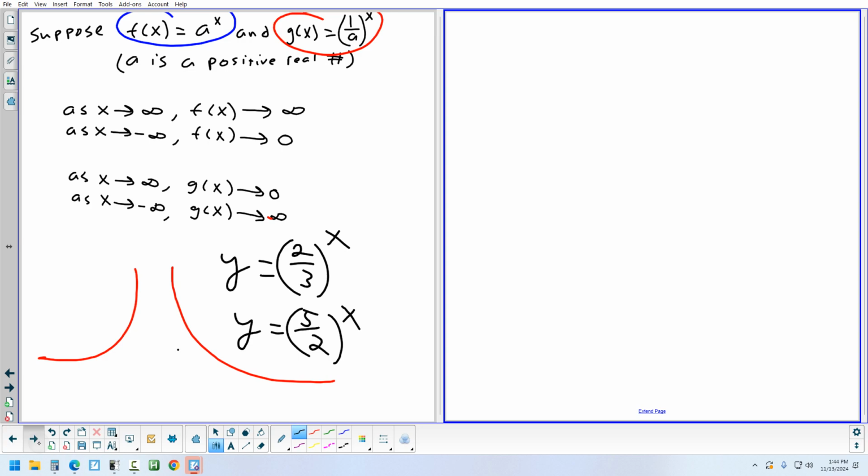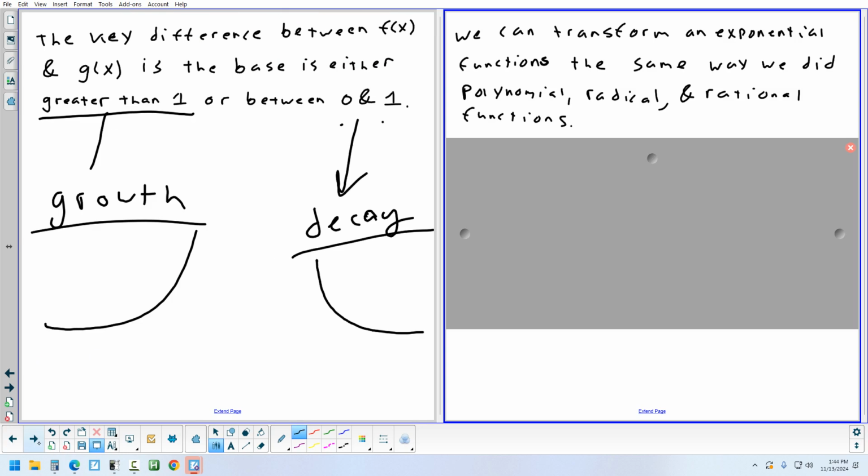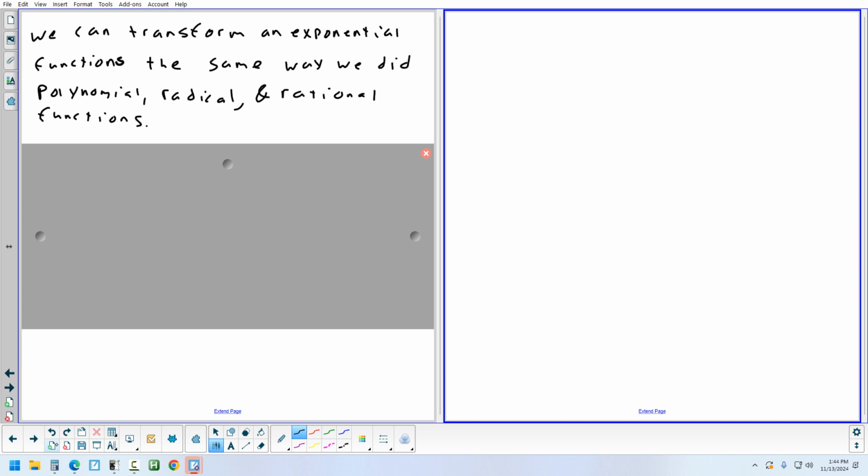All right. So last thing we're going to do for today. Let's look at our ABCD chart. Let's say we had a base, b to the x plus or minus a, times c, plus or minus d.